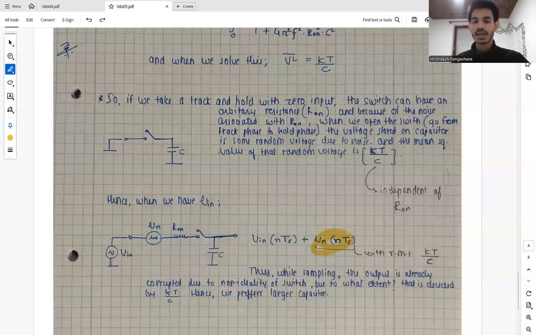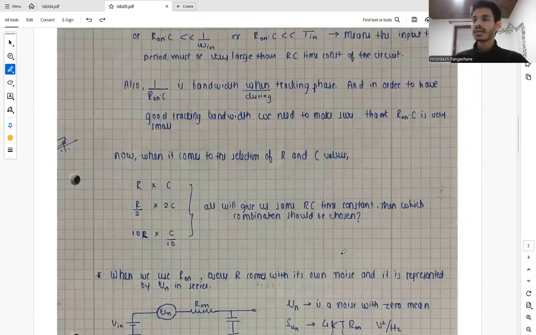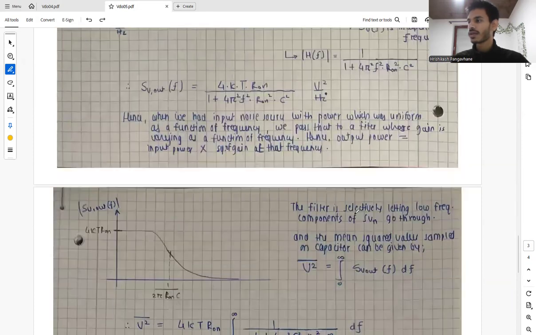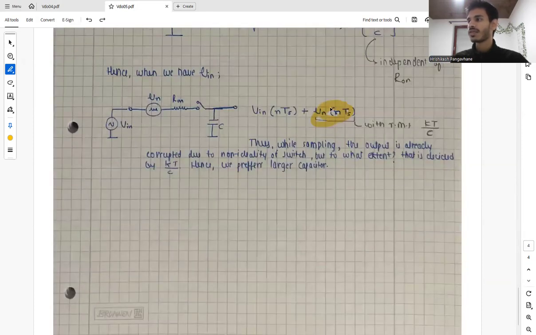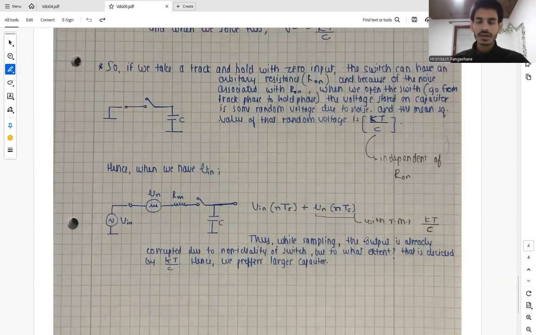That is decided by this kT by C, and that's why, in order to have the minimum extent of non-ideality, we need the denominator C to be high, and that's how we arrive at our question again. So which combination will we choose? We'll choose the one which offers maximum capacitance in order to have a minimum extent of non-ideality in our output. So that's all for this video.